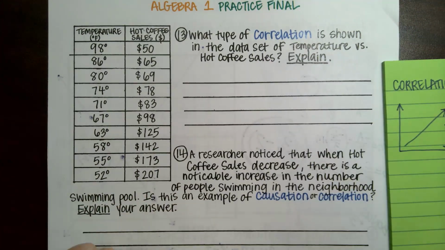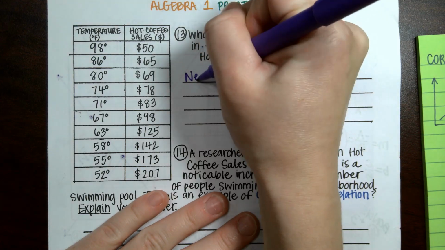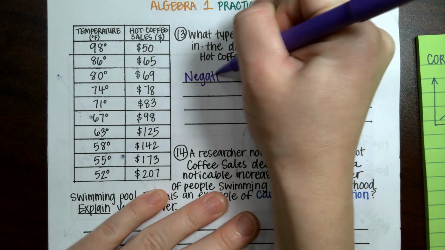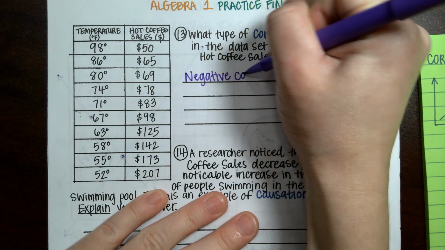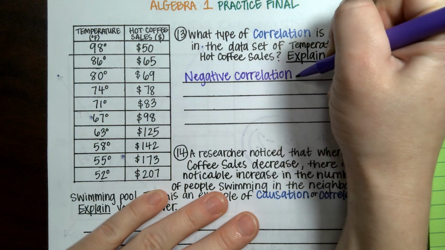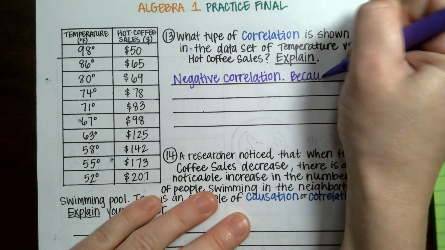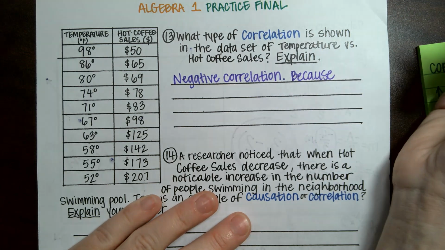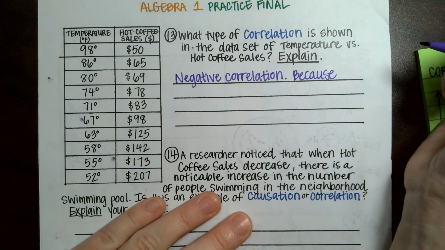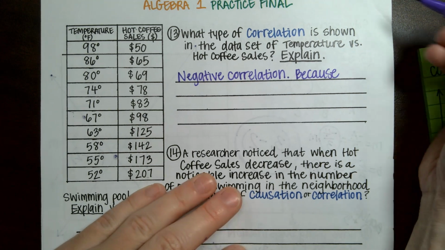So for your answer here, I would say negative correlation, because as the temperature decreases, sales increase, or something along those lines.